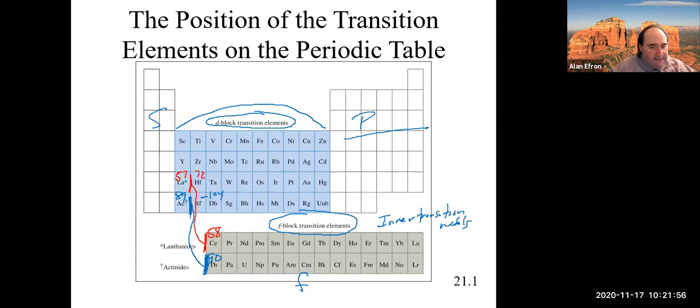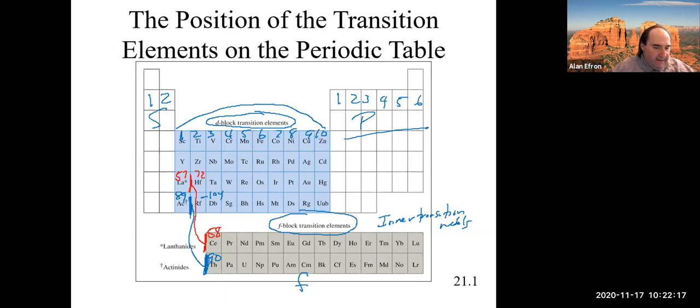That's because S could hold a maximum of 2 electrons, 1 and 2. The P subshell could hold 6: 1, 2, 3, 4, 5, 6. D could hold 10, which would be 1, 2, 3, 4, 5, 6, 7, 8, 9, and 10 electrons.